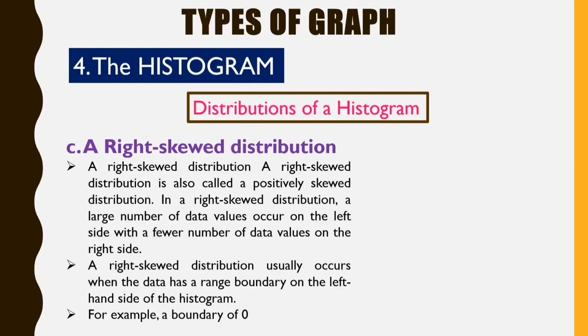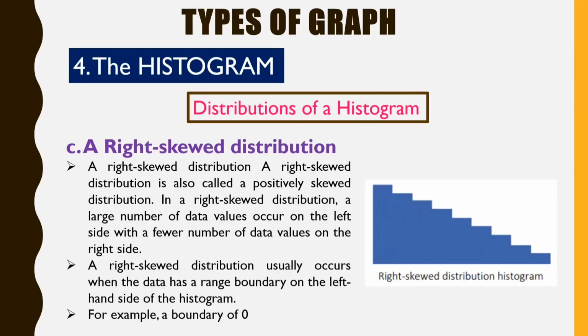The third one is a right skew distribution. Here is the diagram for it. A right skew distribution is also called a positively skewed distribution. In a right skew distribution, a large number of data values occur on the left side, with a fewer number of data values on the right side.